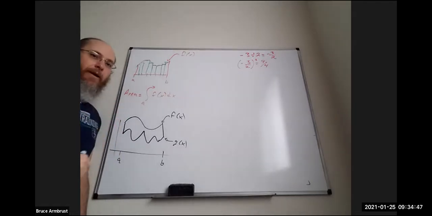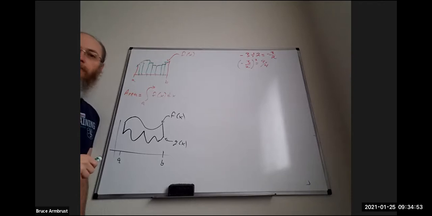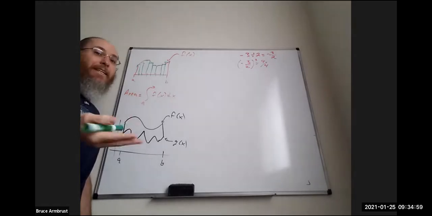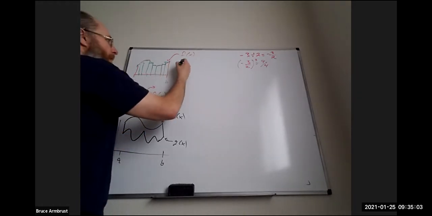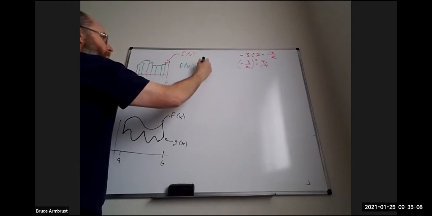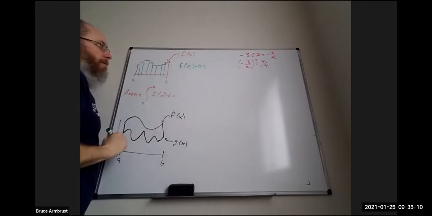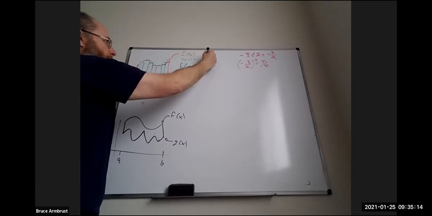How did we get the height of the rectangle? Yeah, we just plugged an x into the function, right? And so to get the area of a rectangle, it was f of xi times delta xi. So this was the height, and this is the width.